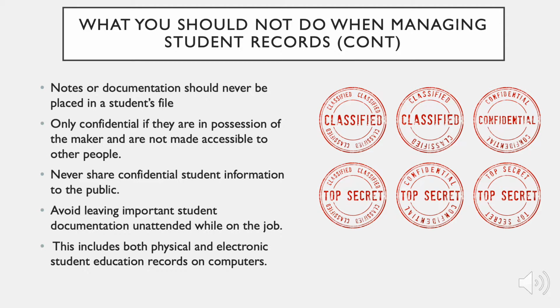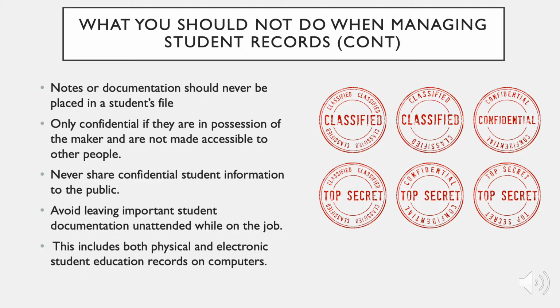Notes or other documentation that are written about a student from a committee meeting, for example, should never be placed in a student's file because the student will be able to access that information. These types of records are only confidential if they are in possession of the maker and are not made accessible to other people.